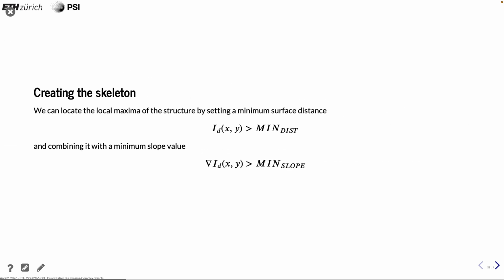So, to create the skeleton, we have to do some pruning, and we have to threshold the Laplacian of the distance map. And in principle, we can have two criteria. One is the minimum distance: it cannot be a branch if it's too close to the surface. And the other one is that the minimum slope should also be defined.